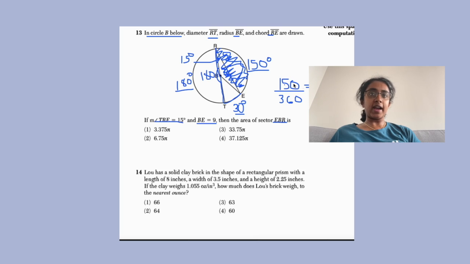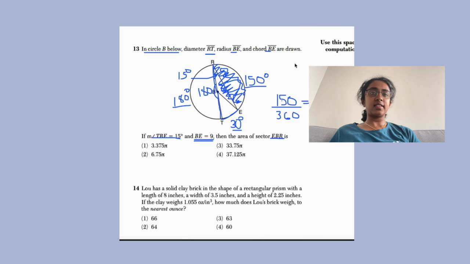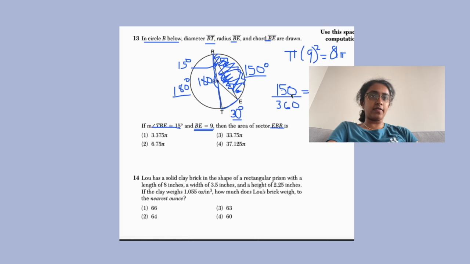If area is pi times radius squared and the radius, which is BE, is 9, so pi times the radius, which is 9 squared, that is 81 pi. This is the whole area of the circle.